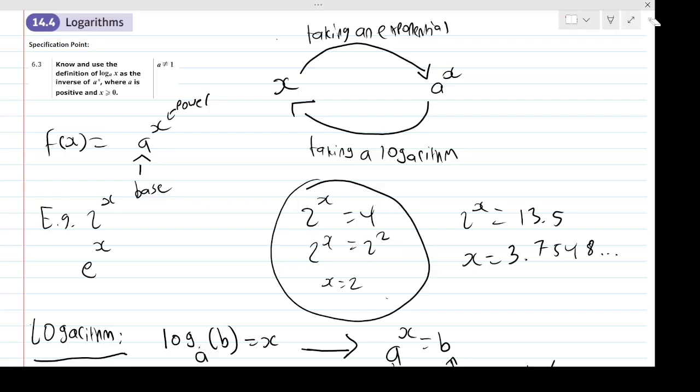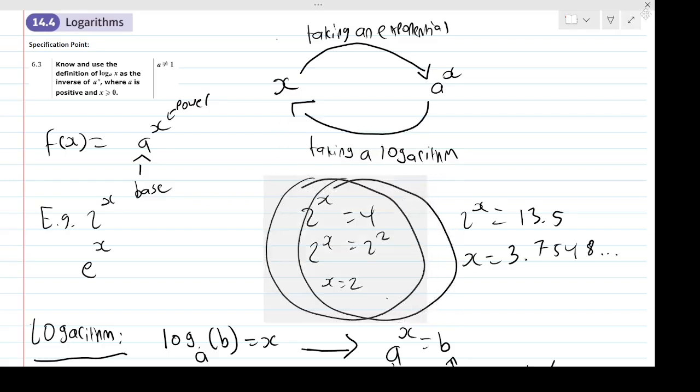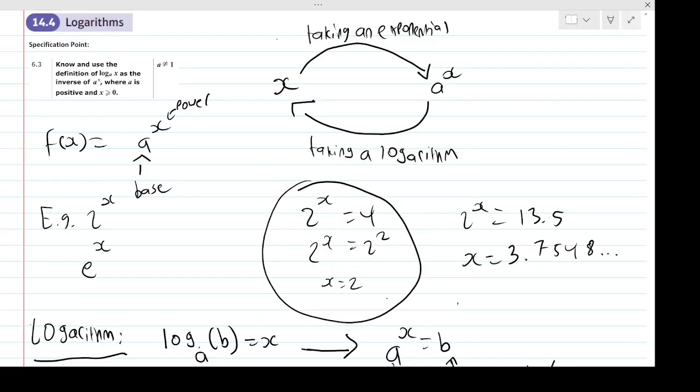We saw that x was 2. So as a logarithm, we would say that the log of base 2 of 4 equals 2. If I do log 2 of 4, that should get me my power of 2.